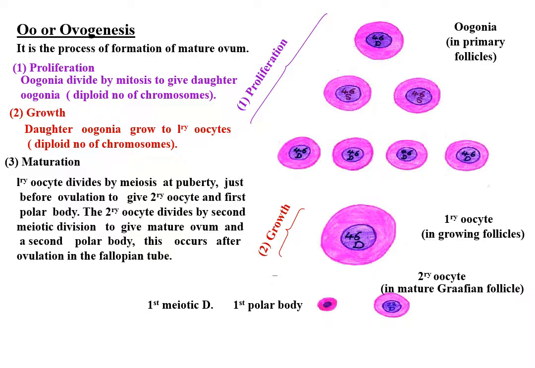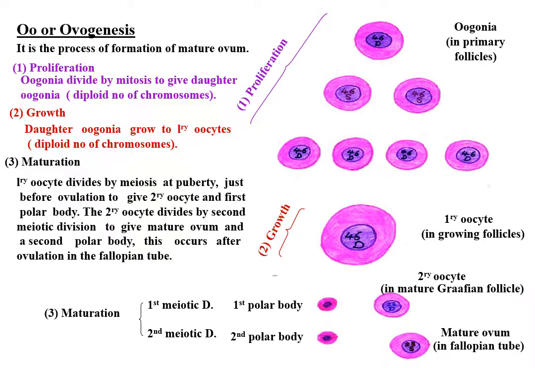This occurs in mature Graafian follicle. The secondary oocyte divides by second meiotic division to give mature ovum and a second polar body. This occurs after ovulation in the fallopian tube.